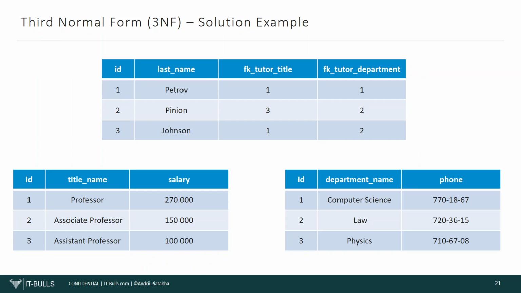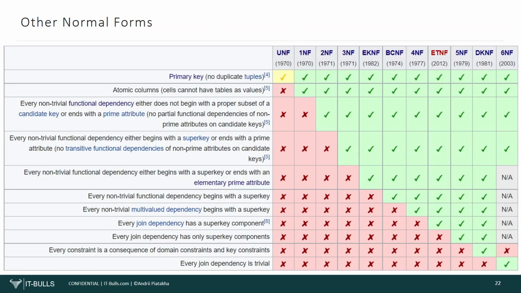Codd later realized that third normal form did not eliminate all undesirable data anomalies and developed a stronger version to address this in 1974, known as Boyce-Codd normal form. To be honest, there are many other normal forms on top of these that we have just discussed, but in my opinion, these 3 are the most important ones.